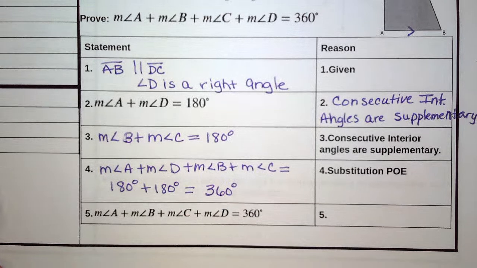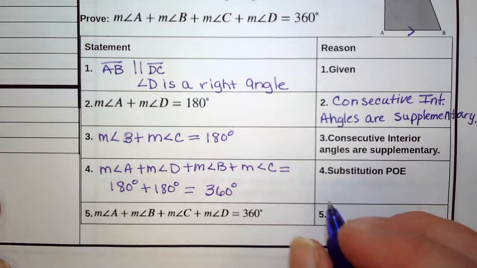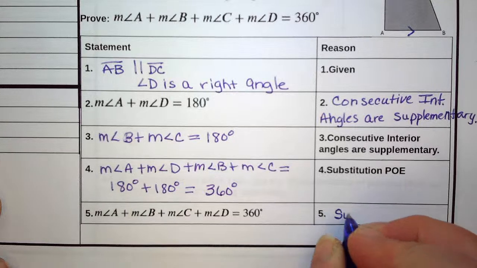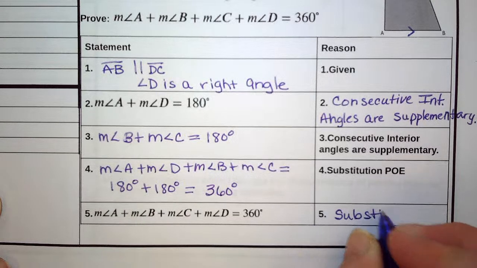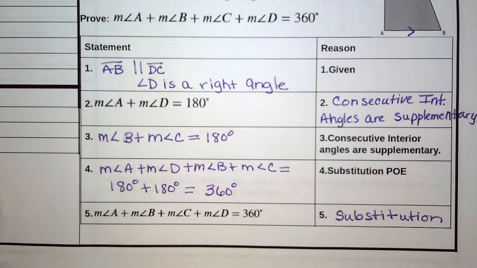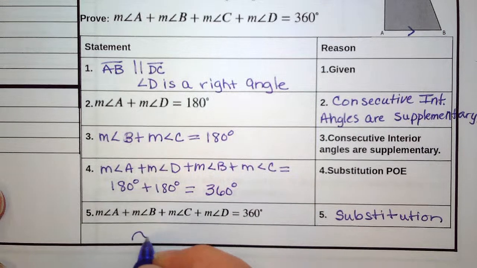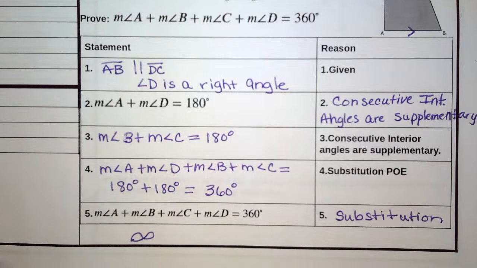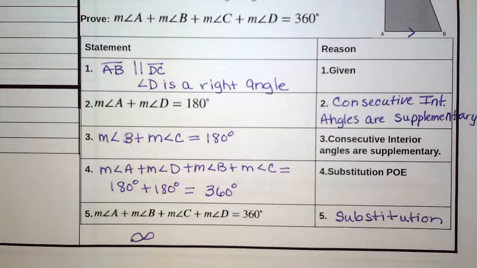Just substituting what they're equal to. Now we've stated that they're equal, and we did that by what? Substitution. We could have also put subtraction because we subtracted this part out. Both ways would be good. I'm going to use my little infinity sign to tell my reader I am done with that proof. I have proven what I needed to prove, and I am done.